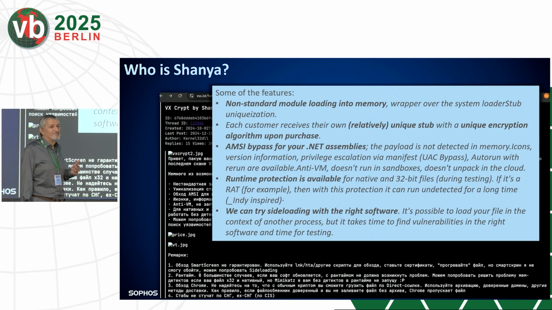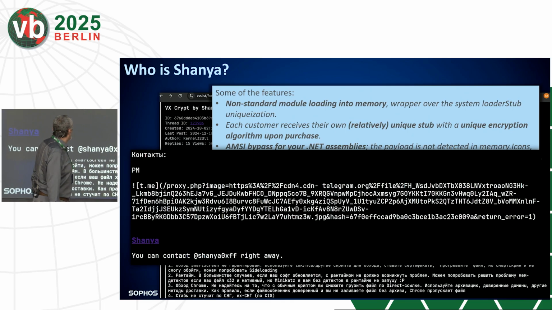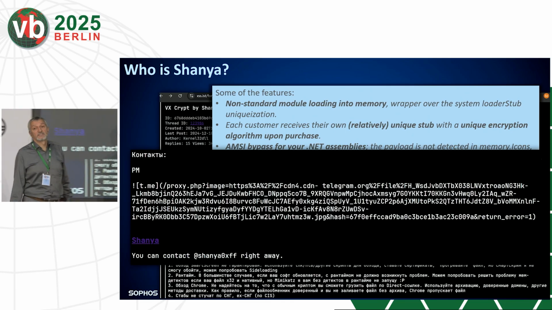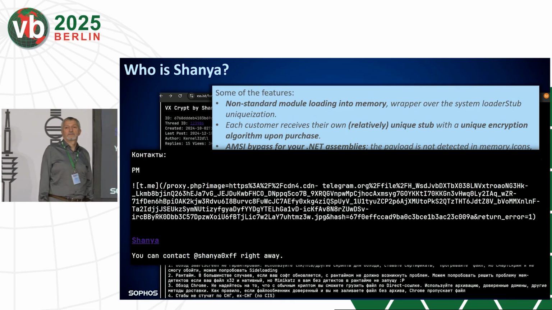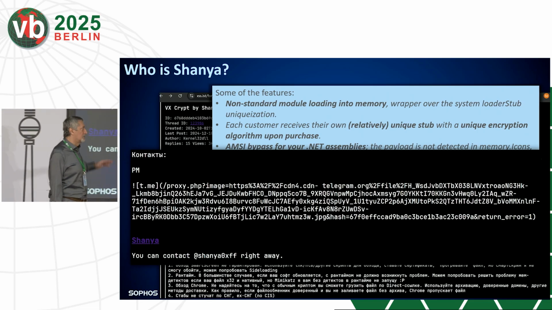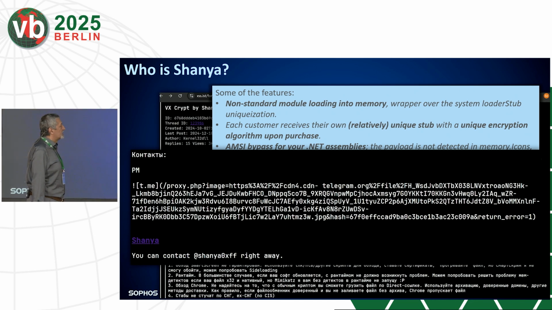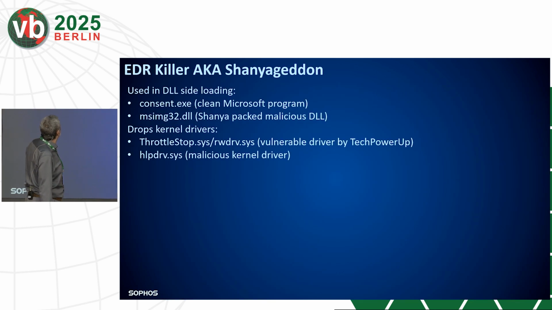Also, it is not really likely that two different offerings would have the same Shanya name associated with them. Anyway, the contact address was a Telegram handle, Shanya0xFF. So we strongly believe that this is behind it.